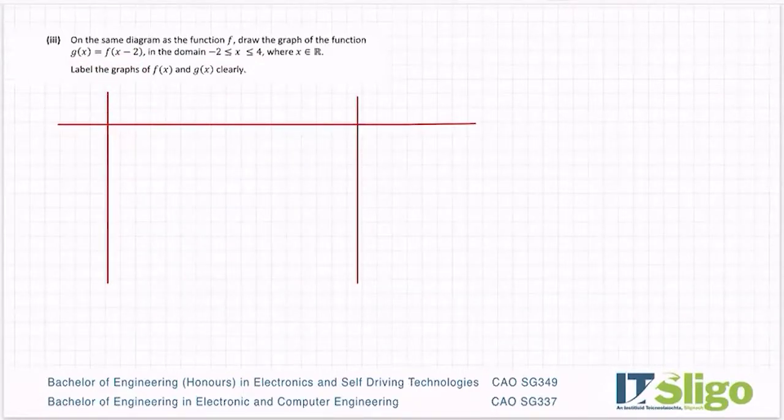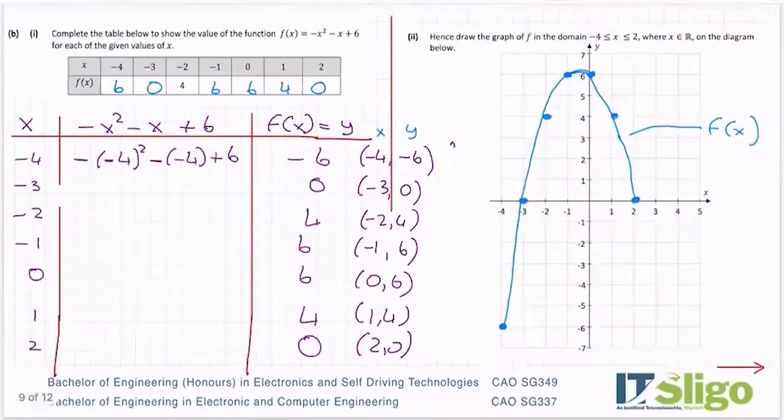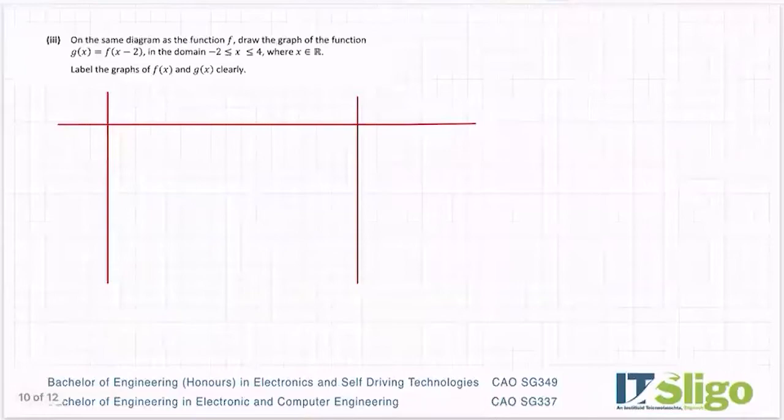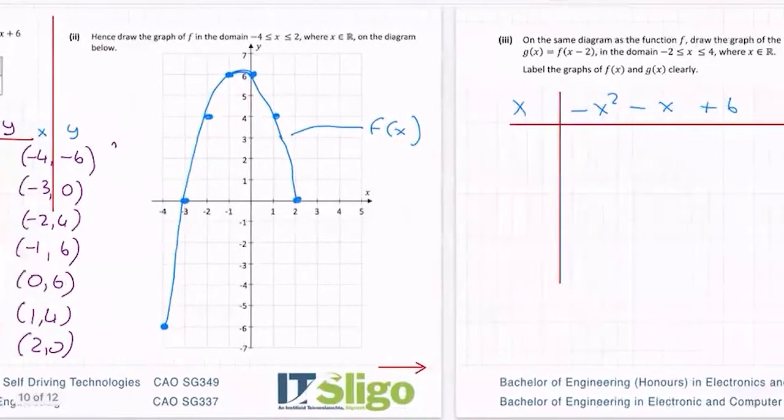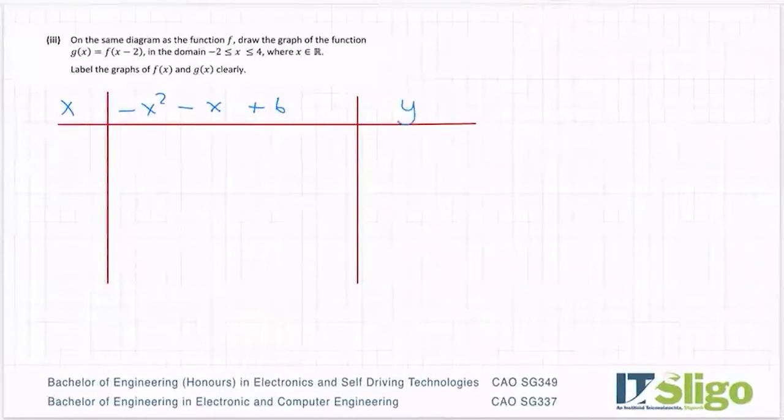taking my x values here, and yeah, let me see if I can figure this out now. So I'm going to take my f values here, so -x² minus x plus 6, and my y values. Okay, so I want to subtract 2 of all my x values. Okay.